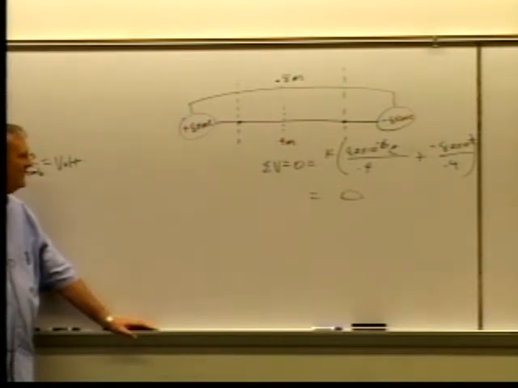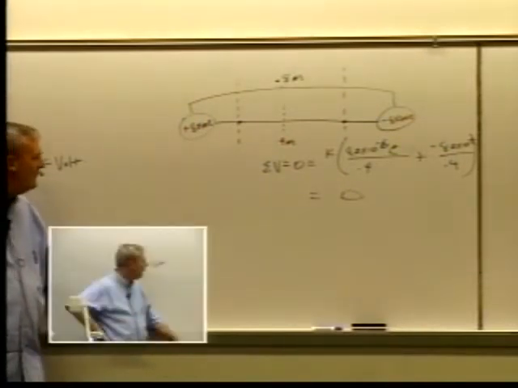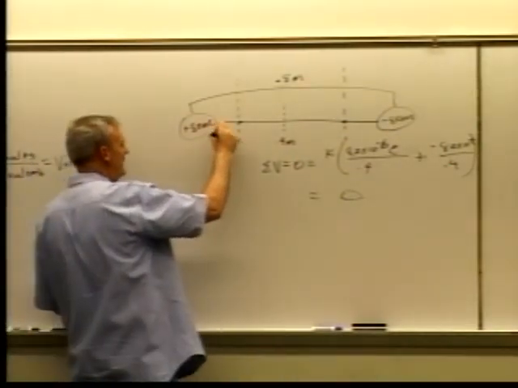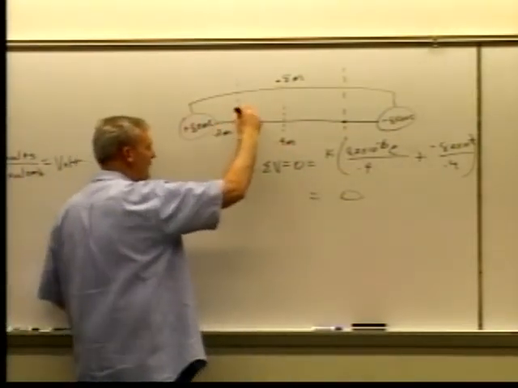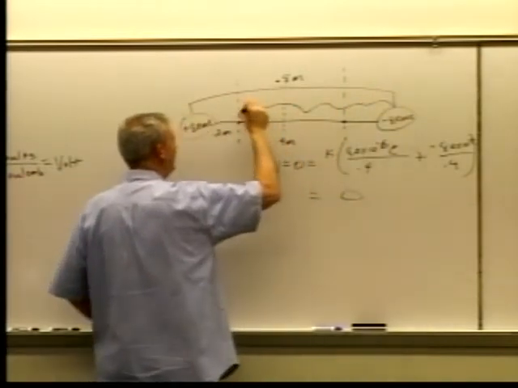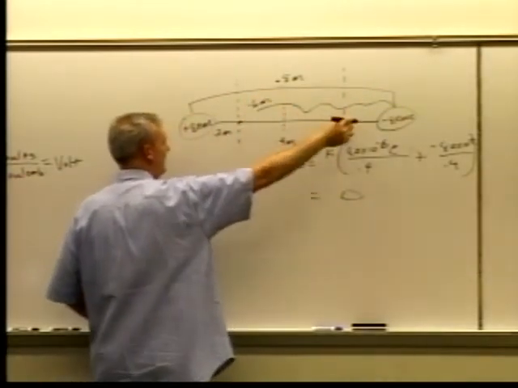And it's easy to figure out what the potential is. Let's say this point is at 0.2 meters from this charge, and it would be at 0.6 meters from the other charge.